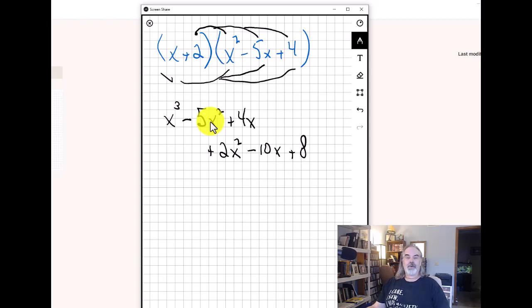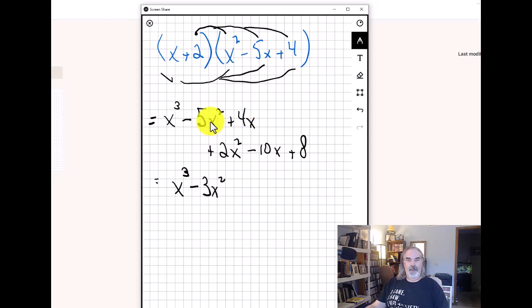So there are our 6 terms, and now we're going to gather the terms that look alike and can be added together. Our little friend x cubed, we'd have to see other x cubes in order to combine it. We don't see any more, so he's all alone. Then we have this negative 5x squared, but oh, look, there is a partner, 2x squared. So negative 5x squared plus 2x squared gives a negative 3x squared.